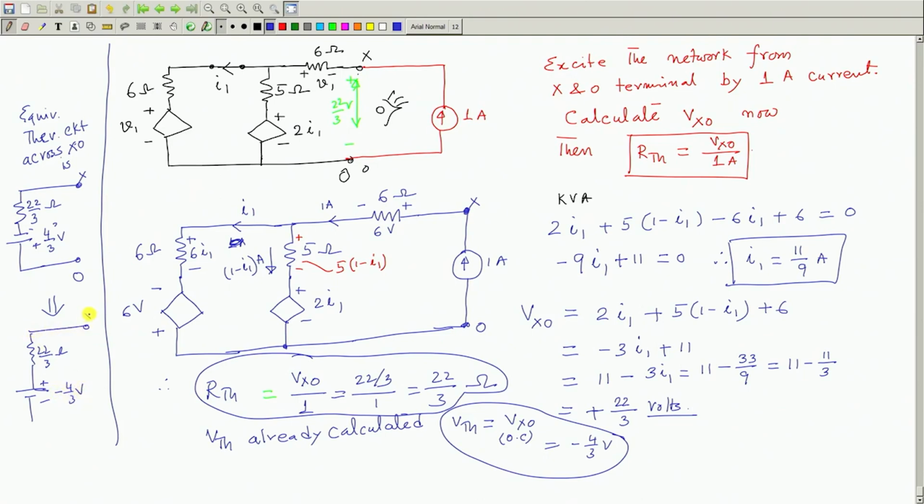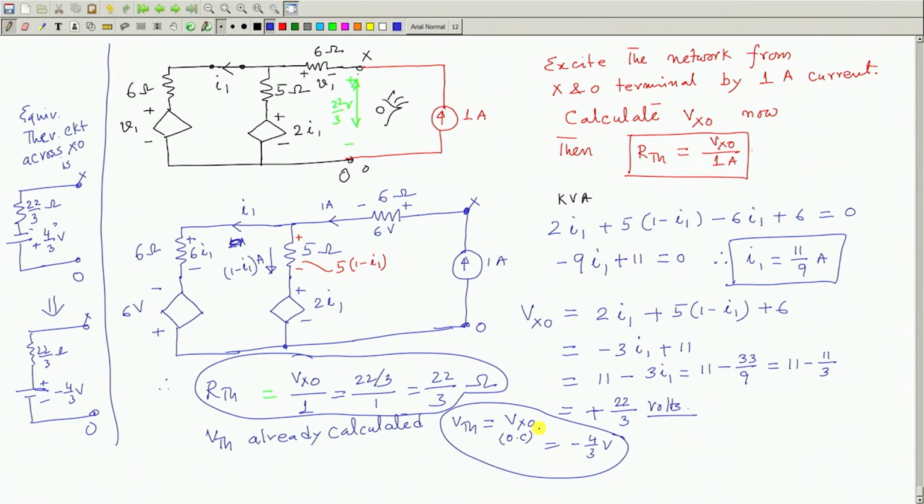Then this is X, this is O, they are one and the same thing. These two you must understand, because potential of X with respect to O I have got to be minus 4 by 3 and so on. This is one way of solving the network.